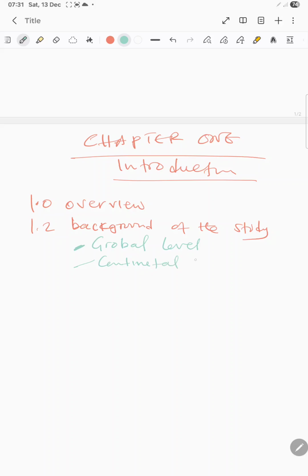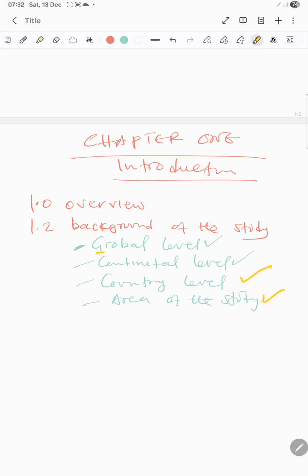Apart from continental level, you come to country level, and then from country level, you narrow it down to the area of the study. So in this order. So in other words, what we are saying is that whenever you are writing the background of the study, start by acknowledging authors, starting from global level, you come to continental level, then country level, and then narrow it down to the area of the study.